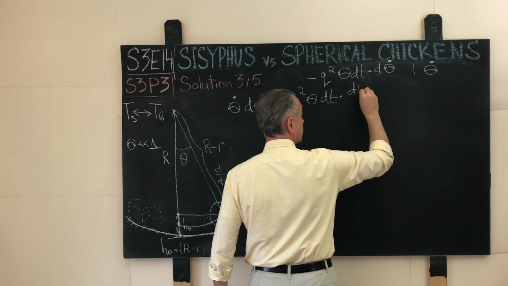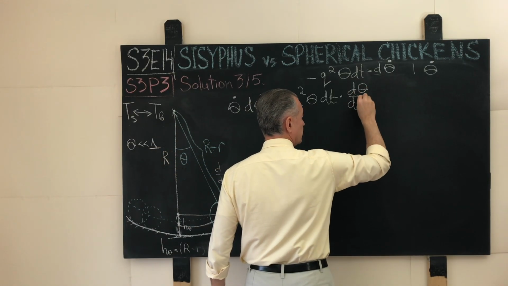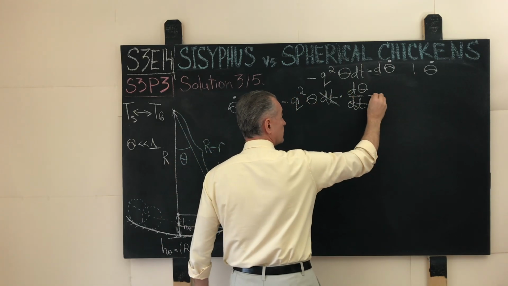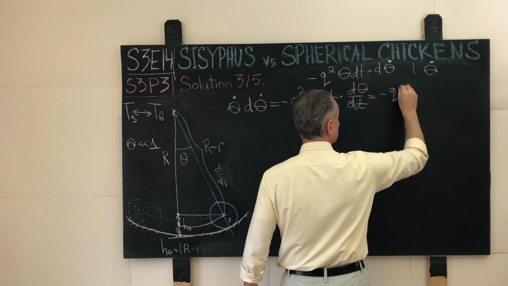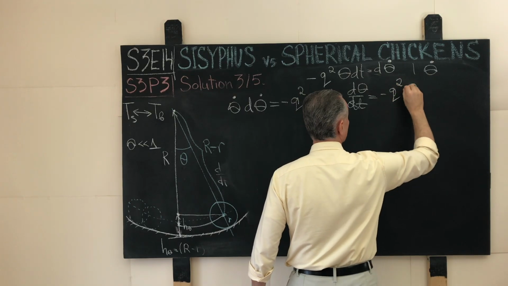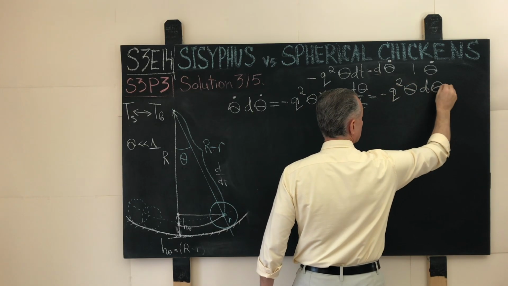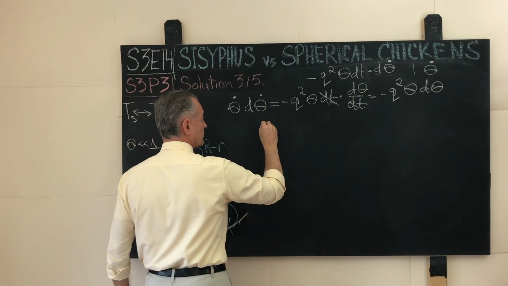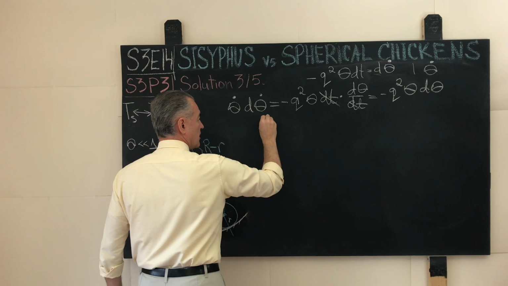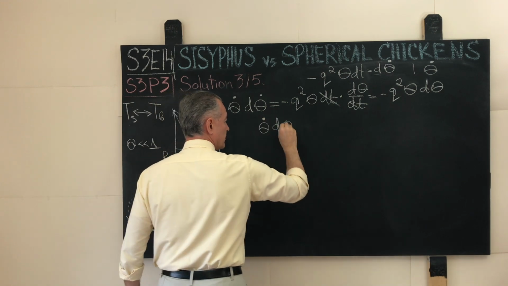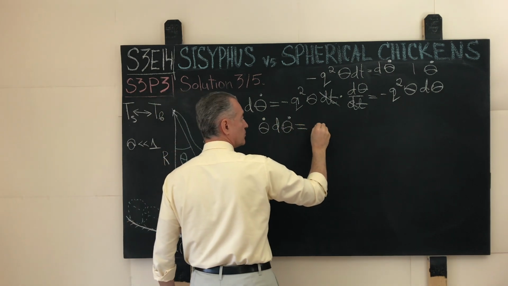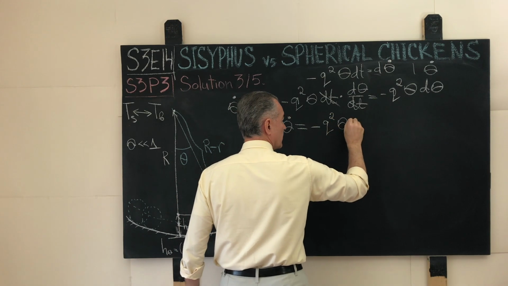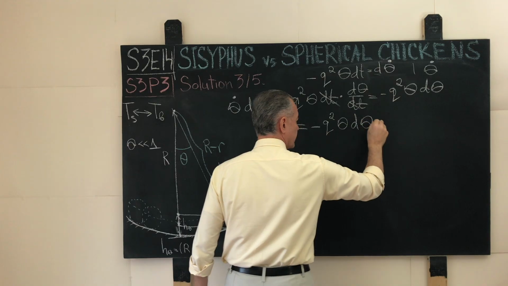Exactly. d theta over dt. What do we see? The first differentials cancel out, and what do we have? Minus q squared theta d theta. Game over. Now we have the following result. Theta dot d theta dot is equal to minus q squared theta d theta.